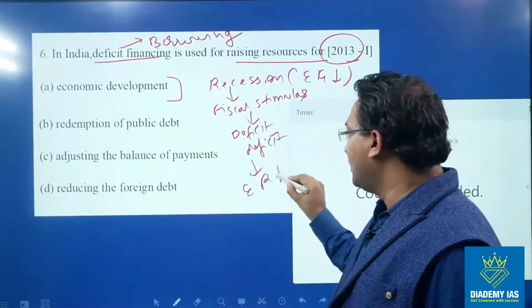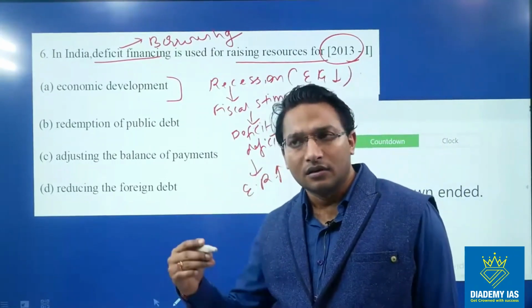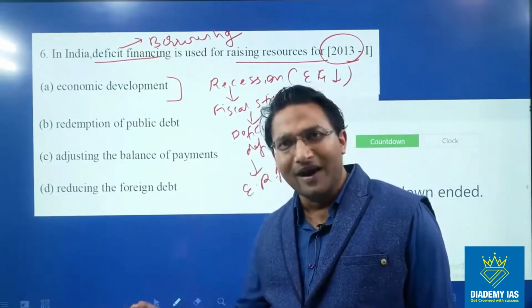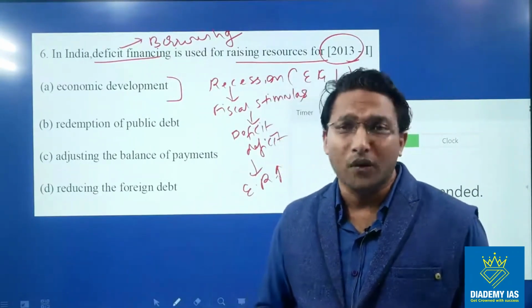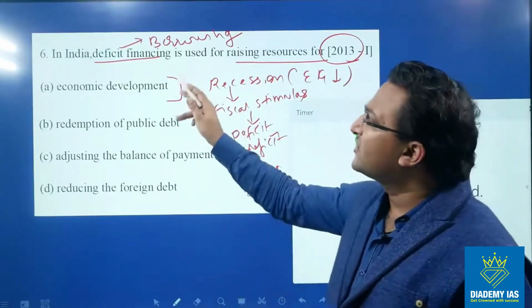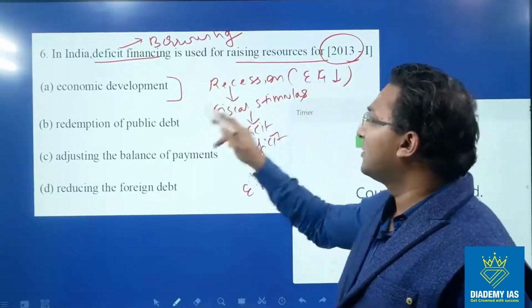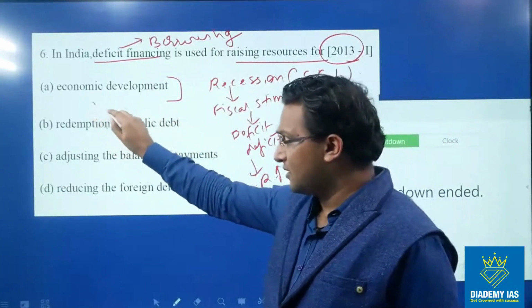When the government infuses money into the market, there will be creation of demand, and that will increase production also. So economic development will rise. So in India, deficit financing is used for raising the resources for economic development. This is correct.